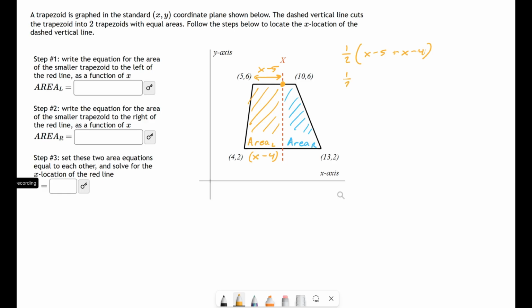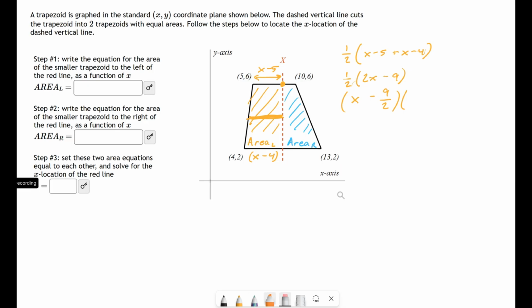So this is really going to be 1/2 of 2x minus 9, which is (2x minus 9) over 2. That's the sort of middle line right there. And now I have to multiply that by the height of that line, which goes from a y value of 6 right here to a y value of 2 over there.